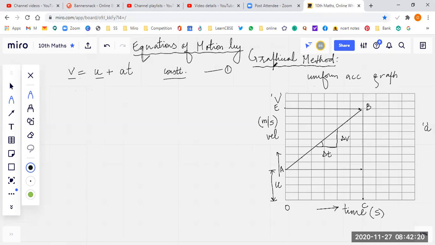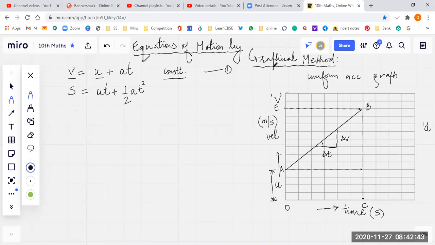The second equation we want to derive is S, the distance traveled in time t with initial velocity U, which is equal to U into t plus half times acceleration times square of time, that is, half at square.